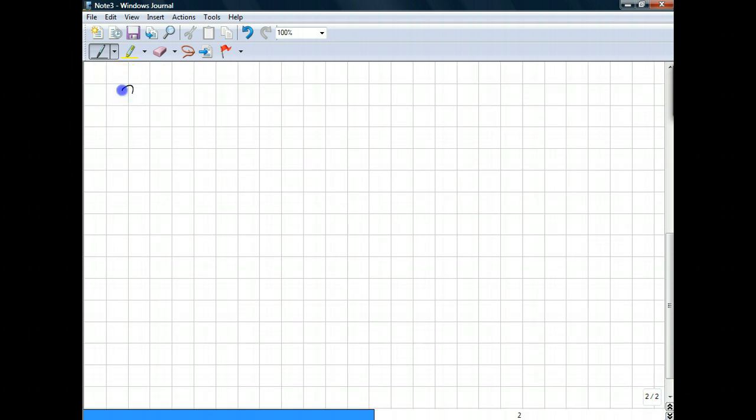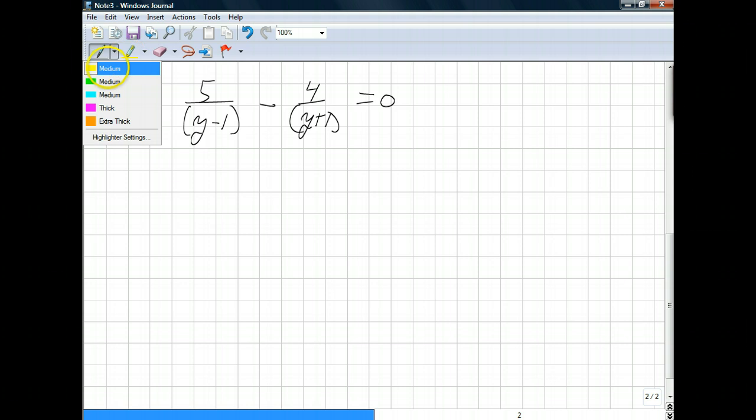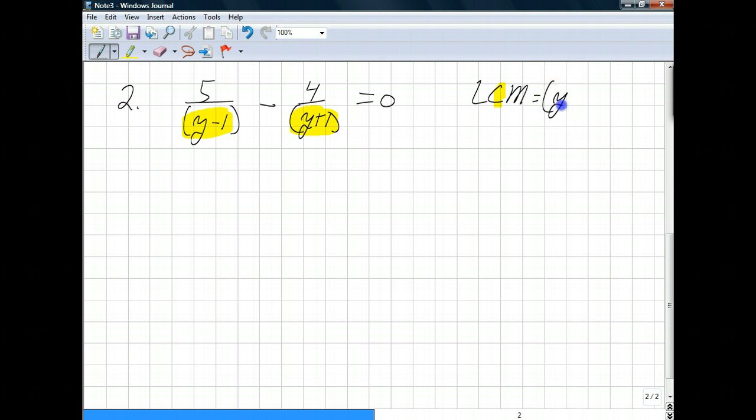Okay, example 2. 5 over y minus 1 minus 4 over y plus 1 equals 0. So again, look at the denominators and see what is the least common multiple of y minus 1 and y plus 1. Well, it's going to be y minus 1, y plus 1.